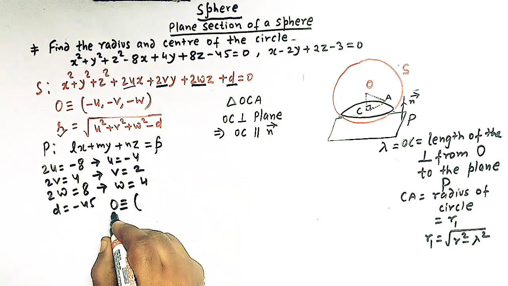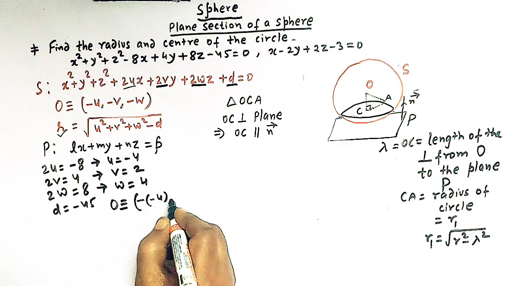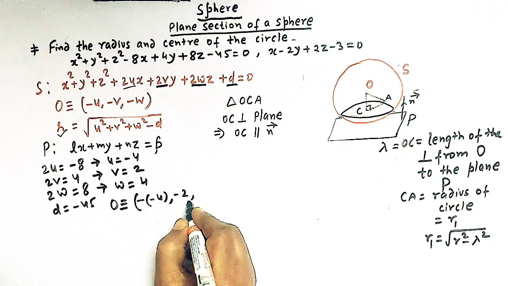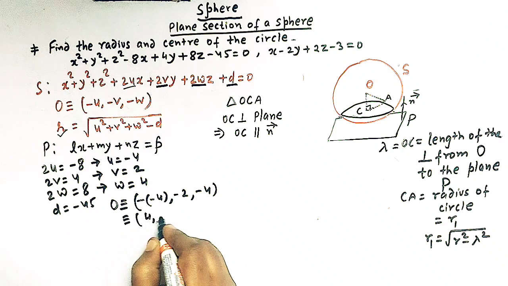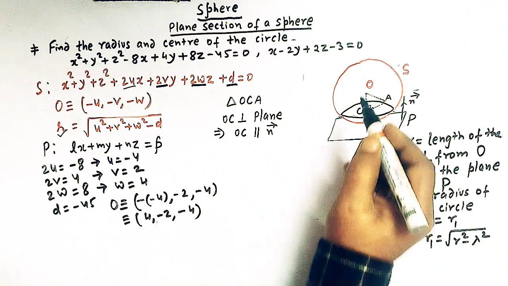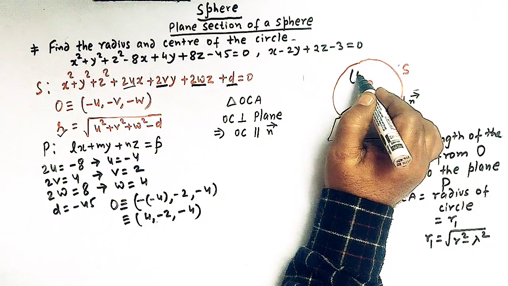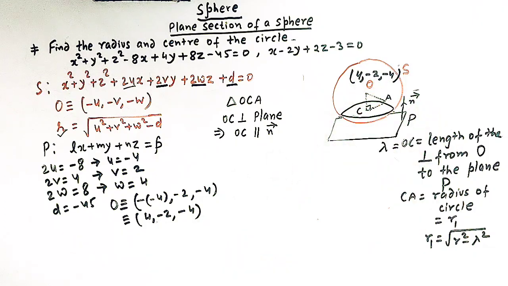So the center O is given by 4, minus 2, minus 4.